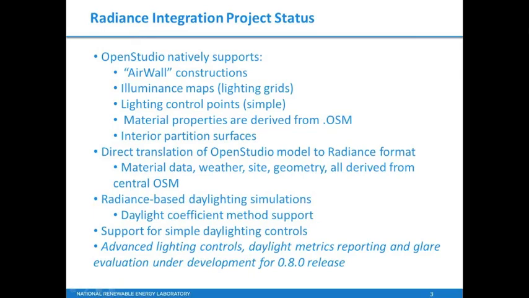The idea is that the OpenStudio model is sort of the mothership, and everything from the geometry to the assumptions about the constructions, and again the glazing transmittances, the weather file, the site location data, all that stuff is in this OpenStudio model. And then when it comes time to actually do a simulation, OpenStudio handles the creation at runtime of a Radiance model to do a daylight simulation, or an EnergyPlus model to do the whole building energy simulation.